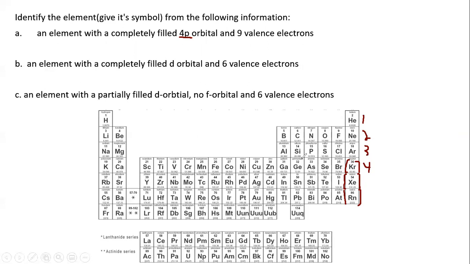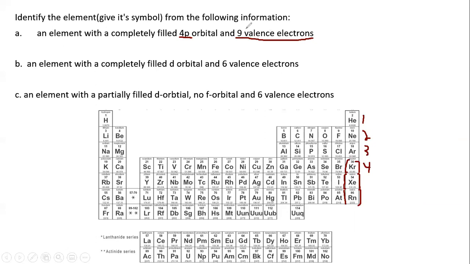Because up to krypton, xenon, and radon, all of these noble gases have a filled 4p orbital. And then we want to have something with non-valence electrons.